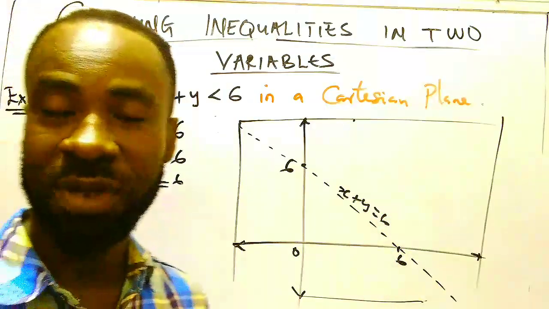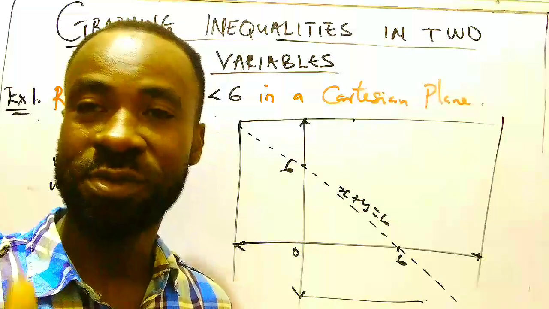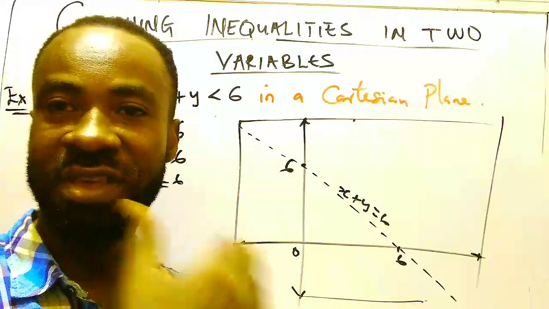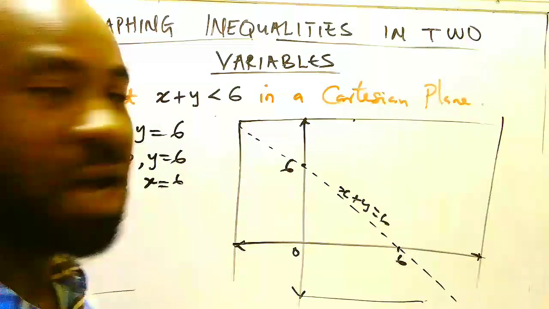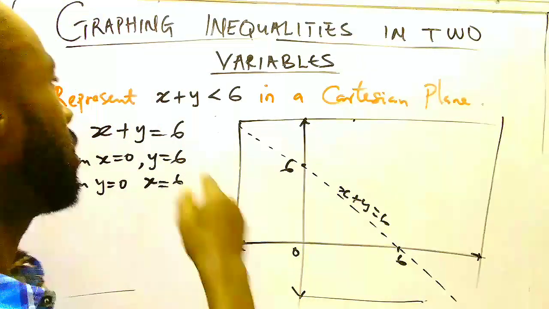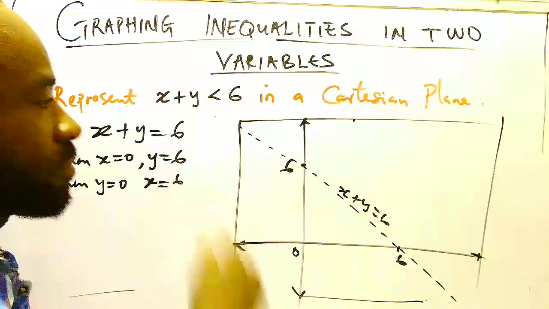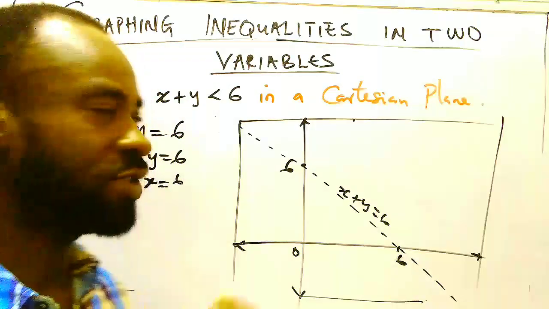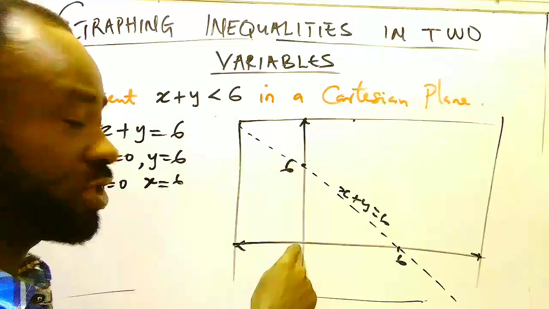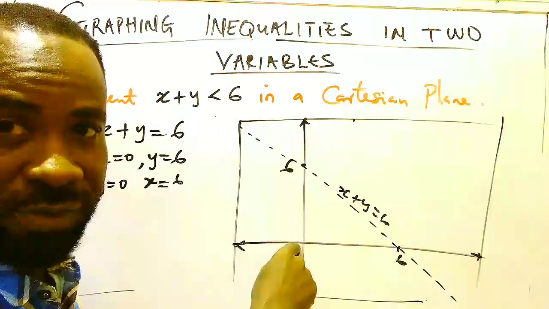Now, having gotten this boundary line, the next thing is to determine the area that contains the set of solution, okay? Now, how do we do that? We'll come back to this inequality. The best point to use is the origin here. At this origin, x is 0, y is 0.